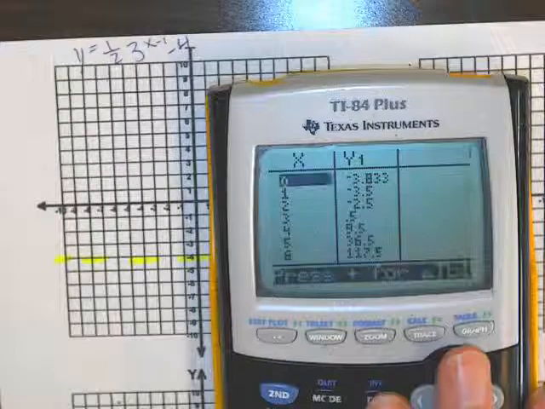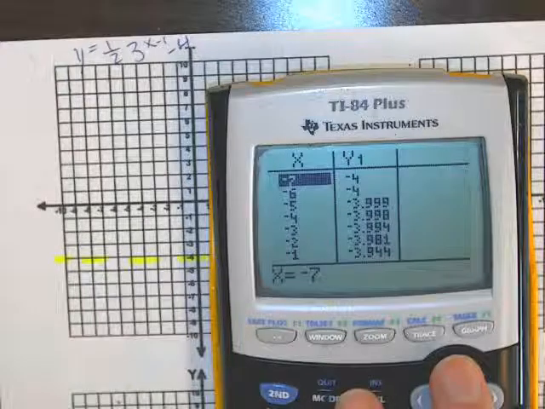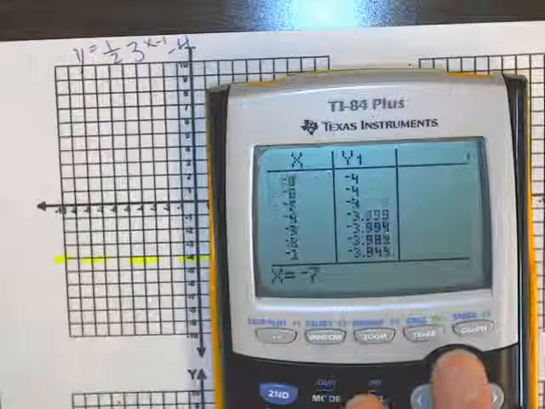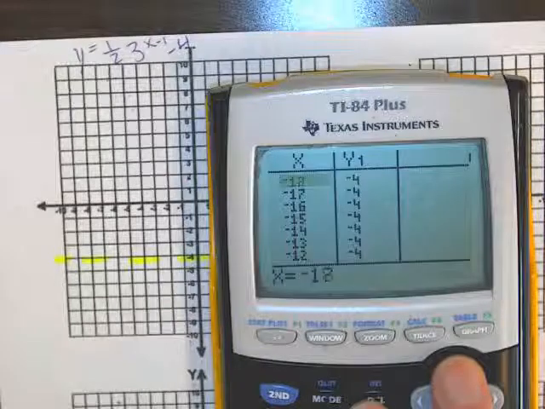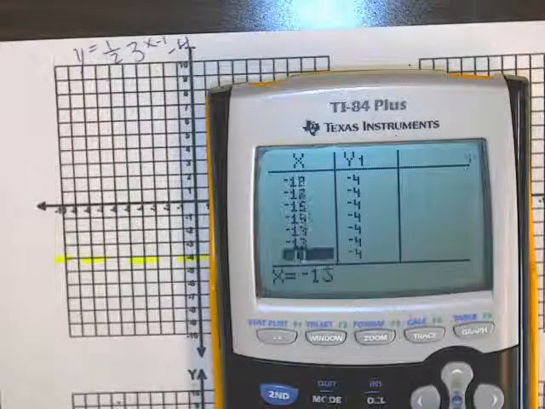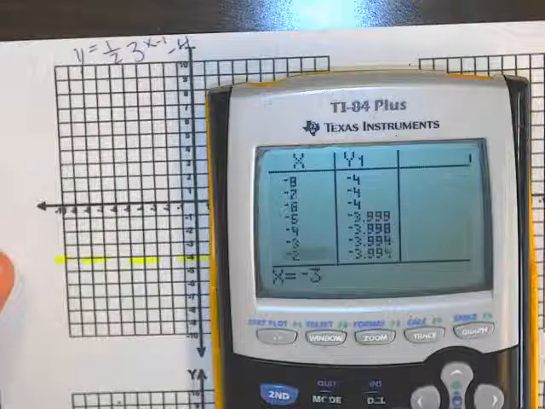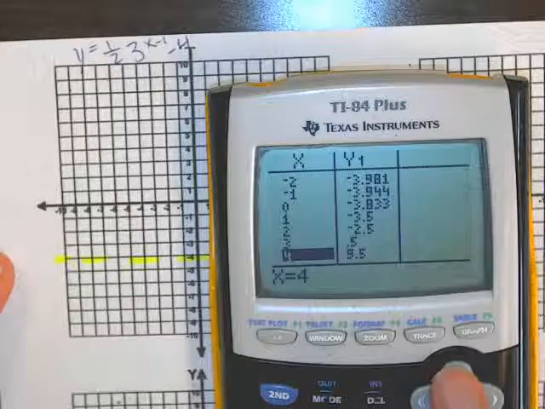Go to your table. See how they approach -4 pretty much? Now they say -4, but do those actually equal -4? No. Remember what I said, it will say -4 because of how close it is to -4. Okay, so the very first one that we can start graphing. Start plotting some.